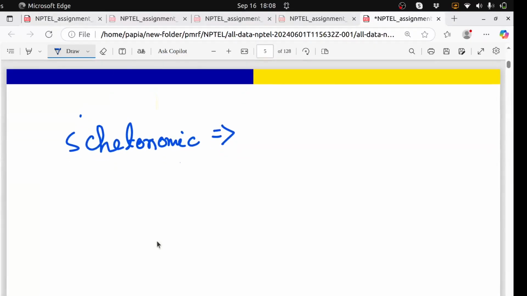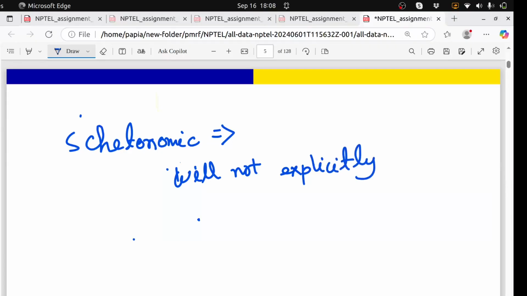Okay, fine. So what is scleronomic? A scleronomic constraint will not explicitly depend on time.